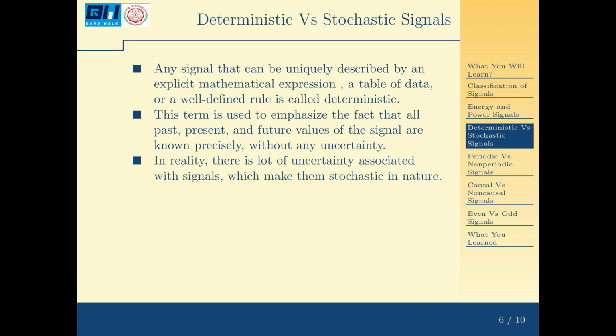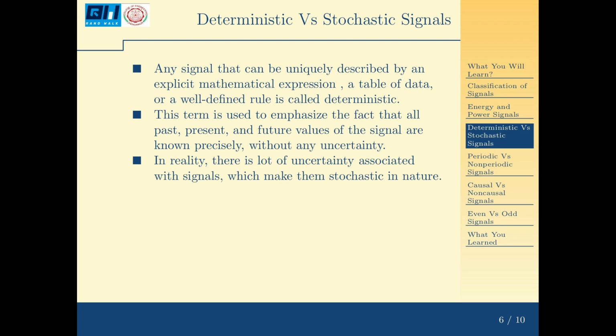And most of the finite duration signals like rectangular pulses, or triangular pulse, etc., they are all energy signals. And sometimes infinite duration signals like exponentially decaying signals, decaying power signals, they are also energy signals.